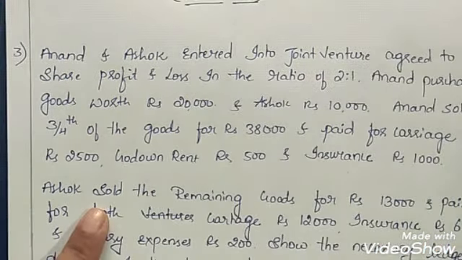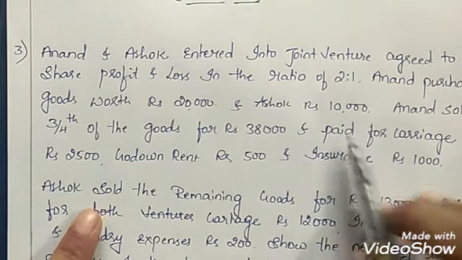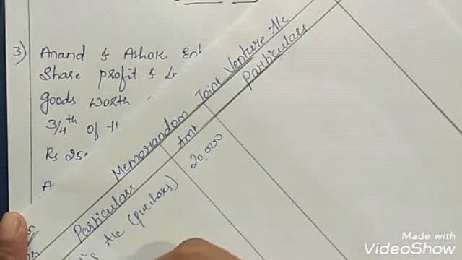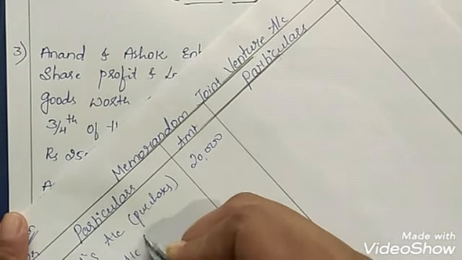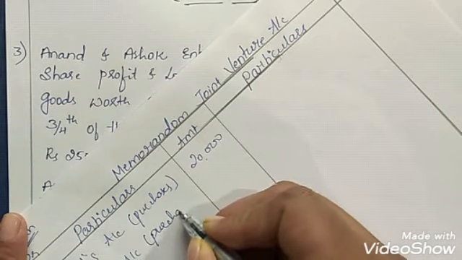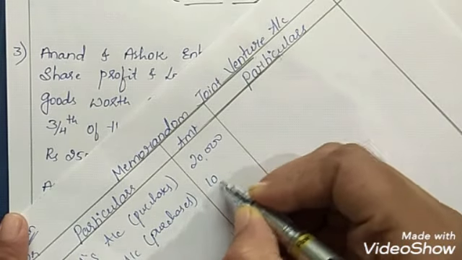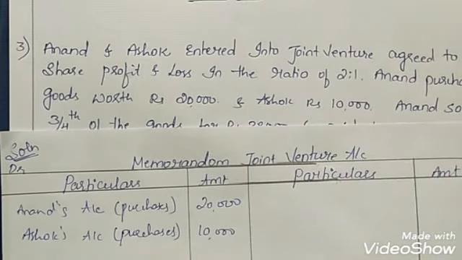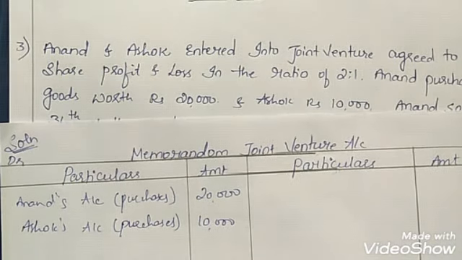Next, Ashok has purchased the goods for rupees 10,000, so record that also as Ashok's account, in brackets purchases, 10,000. The joint venture account is nothing but the combination of trading and profit and loss account.